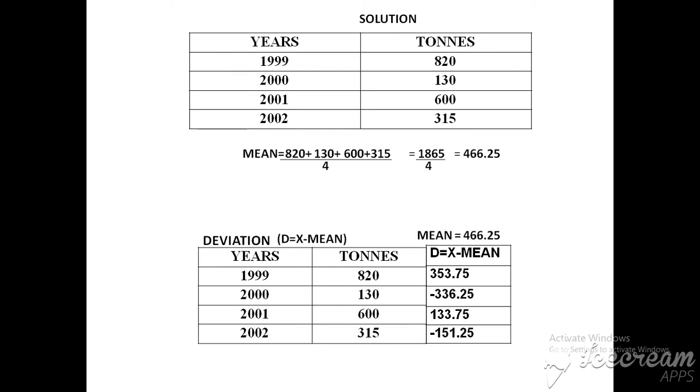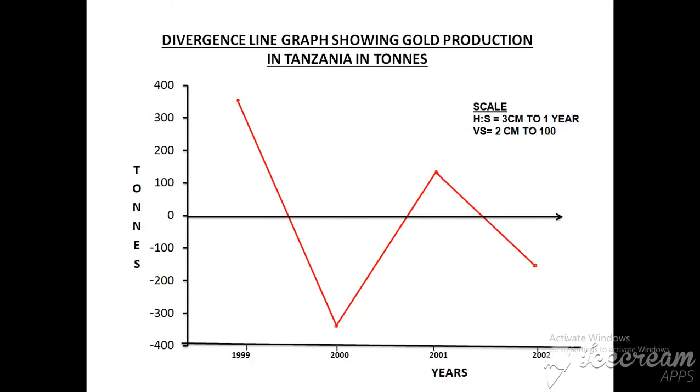So we use those deviations to construct the divergence line graph as it is constructed there. So we have the title, divergence line graph showing gold production in Tanzania, well stated, underlined. So we have the scale there. It is also well stated.